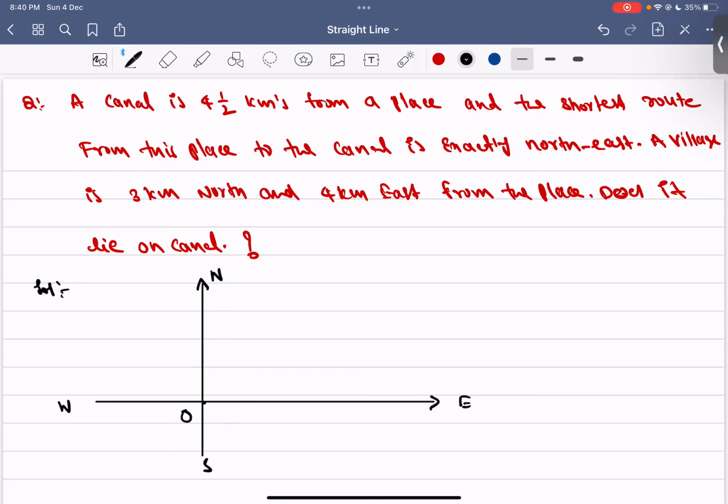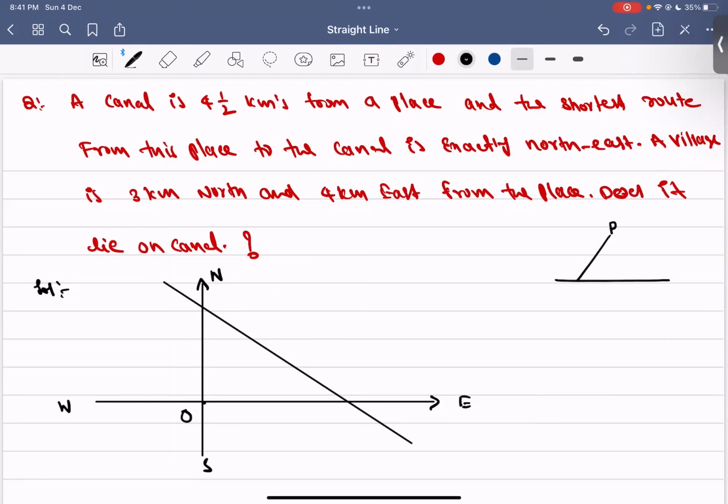Now, this is the canal, because the shortest route to the canal is northeast. See, this is the canal. See, shortest route means what? Suppose this is the point from the origin.